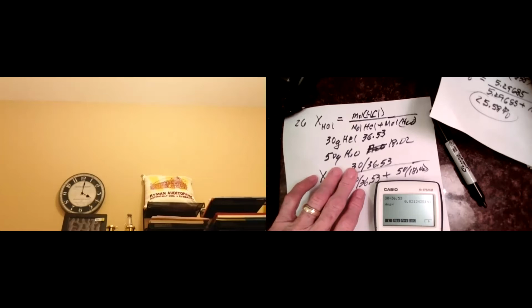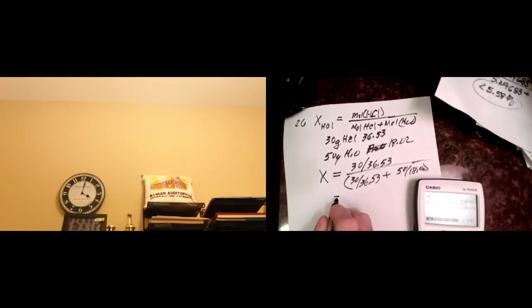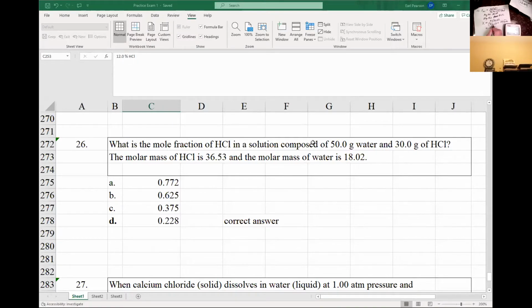So I want to divide that by the left parenthesis, that answer plus 50 divided by 18.02 and close my parenthesis. Now it's important to close that parenthesis. So if I didn't screw up something, it's 0.22838 is the mole fraction. So let's screen share and see if we got it. 0.228. Okay, very good.